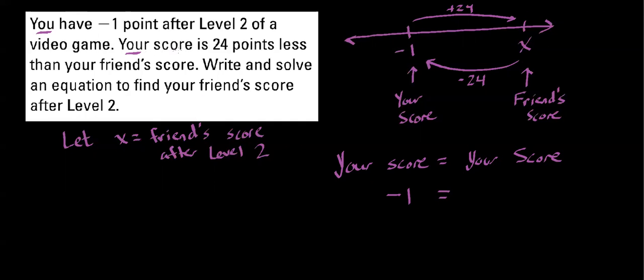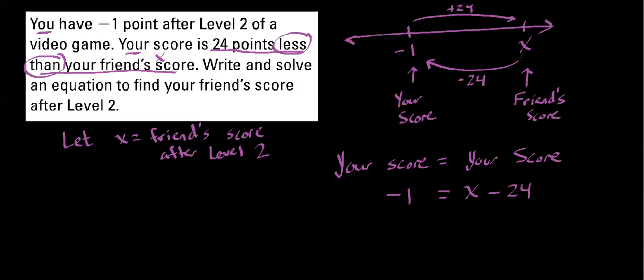On the other hand, your score is 24 points less than your friend's score. So I'm going to take my friend's score minus 24. Remember that anytime you see this less than, you want to flip around this order here. So 24 points less than the friend's score, the friend's score is x, is going to be x minus 24.